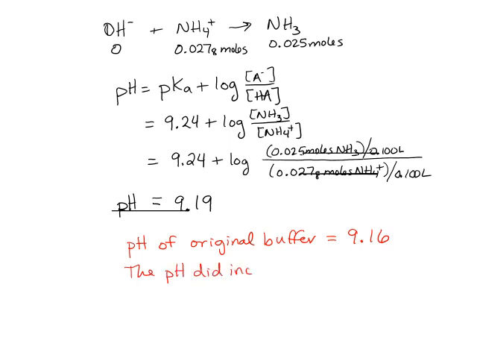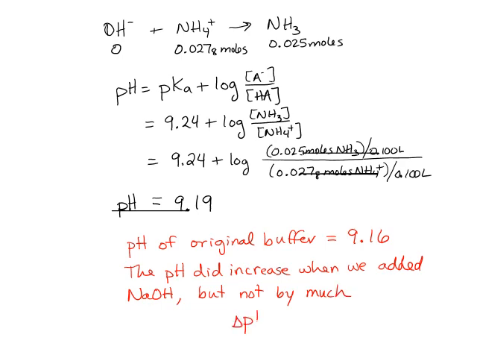Notice that the pH of the buffer did increase when we added sodium hydroxide, but not by very much. The change in the pH is 0.03 pH units.